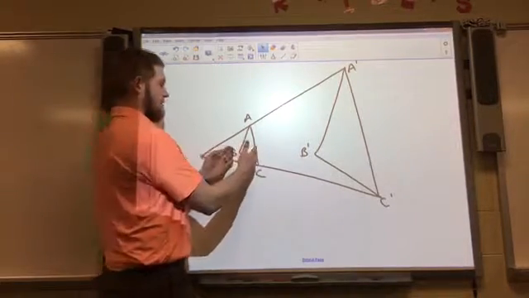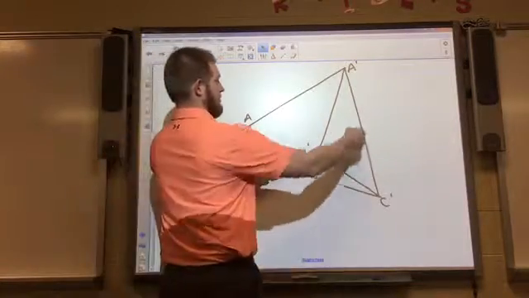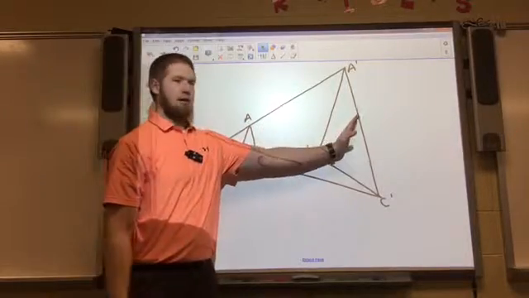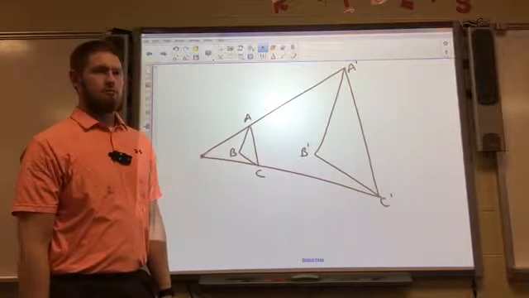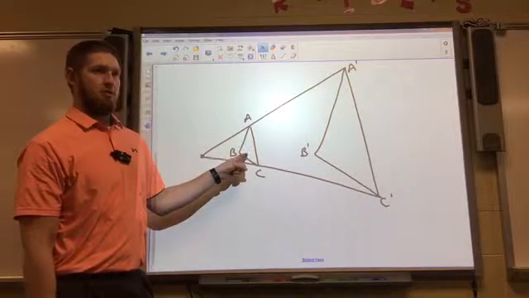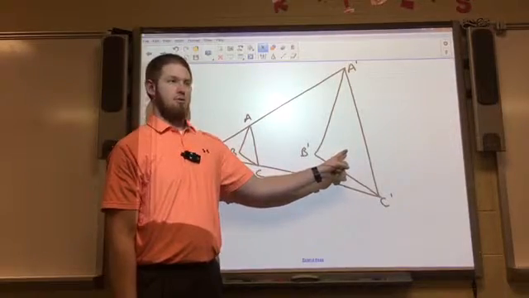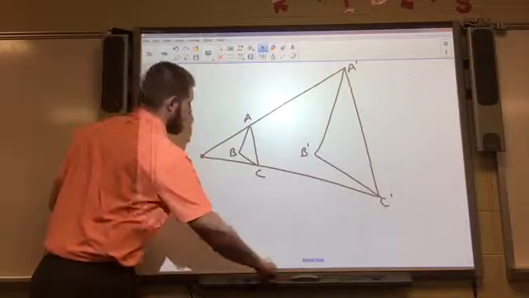I started here with triangle ABC, and I went over here to triangle A prime, B prime, C prime. That tells me I started here, got here, so that's an enlargement. Which one's the pre-image? ABC, the small one. Which one's the image? A prime, B prime, C prime. Okay. Now, you should have already been able to do that.